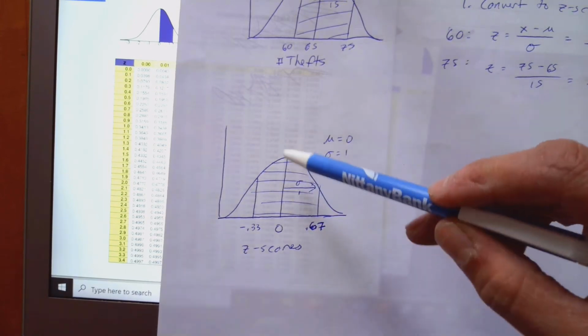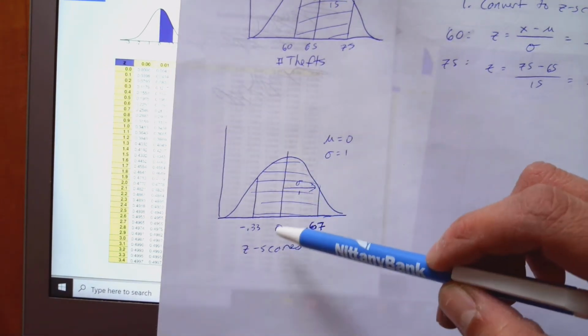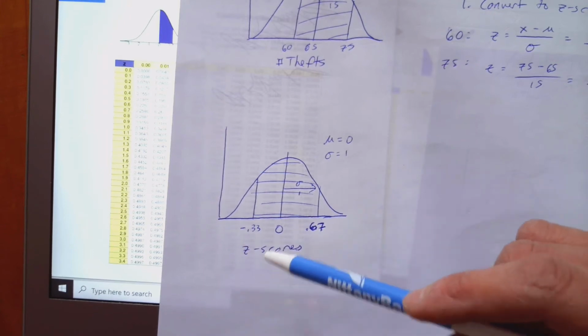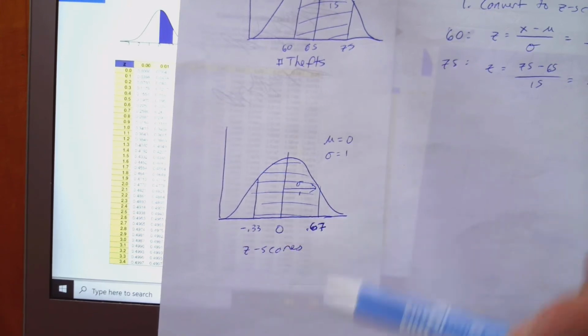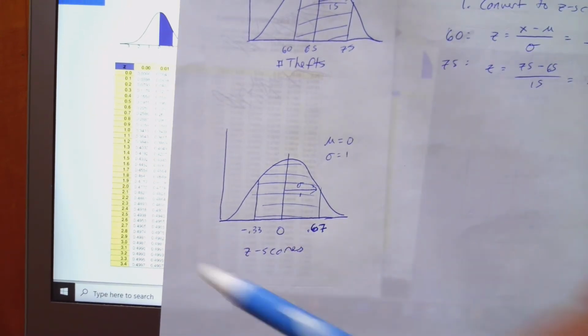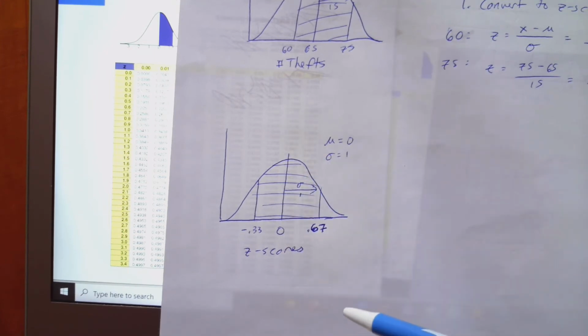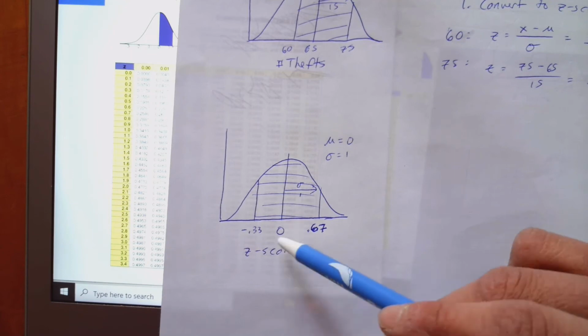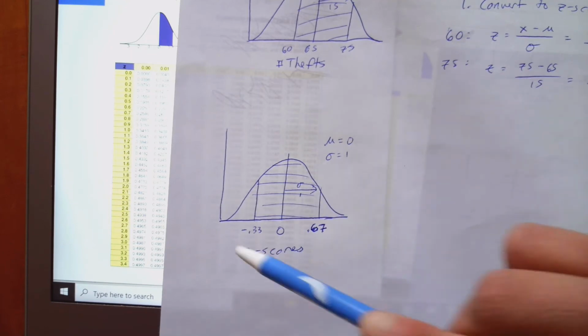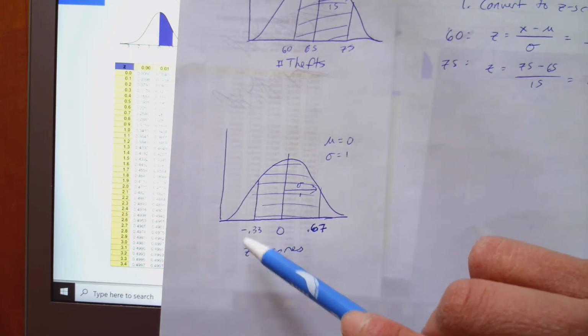So what's under the curve between 0 and negative 0.33 is the same as what's under the curve between 0 and 0.33. So what we're going to do is we're going to use the z-table to find the area between 0 and 0.67 and between 0 and negative 0.33. But to do this, we're just going to ignore this minus sign and treat this like it's 0.33.